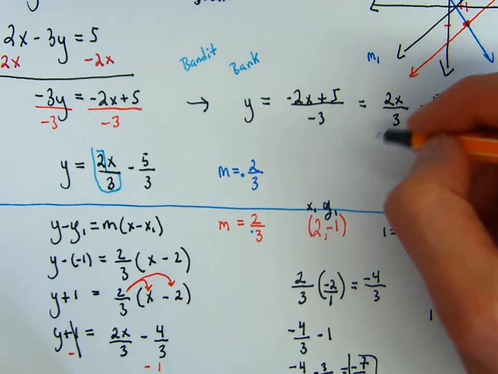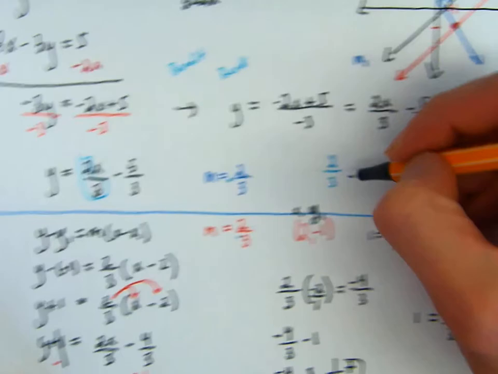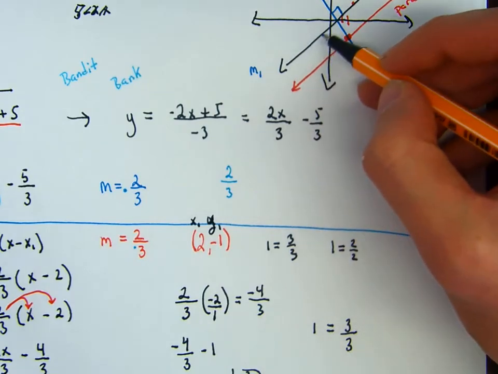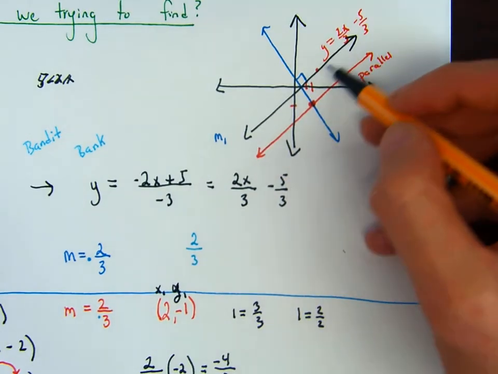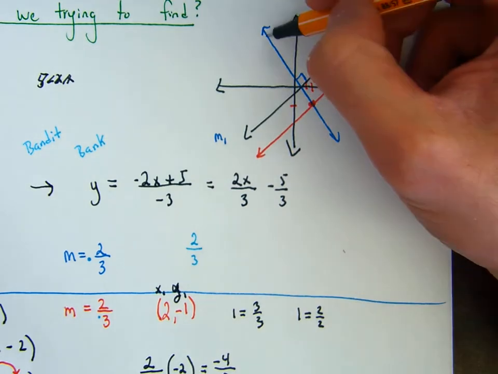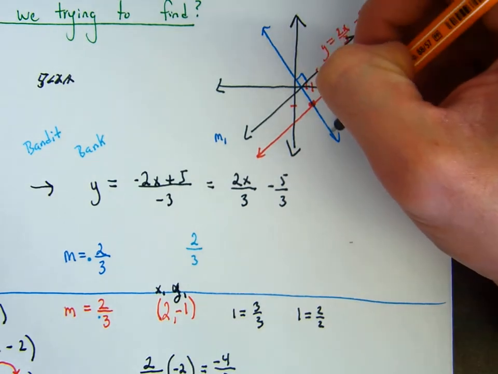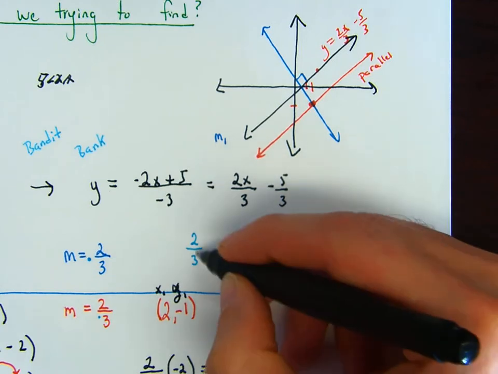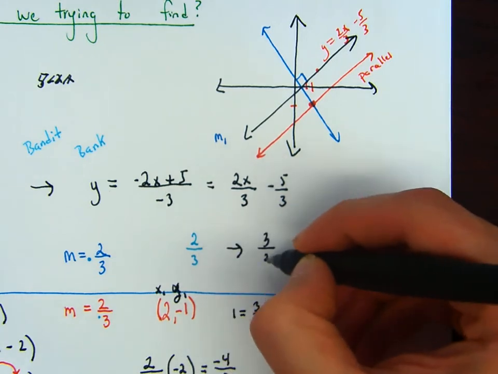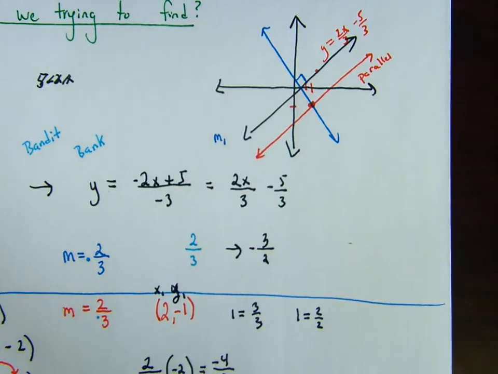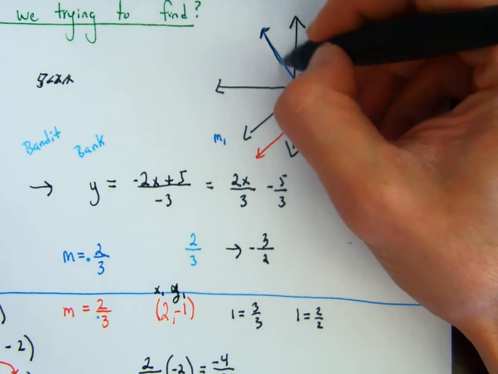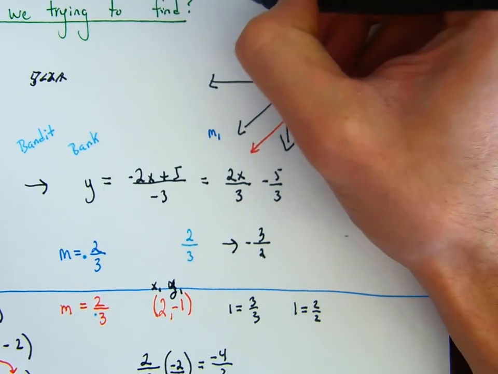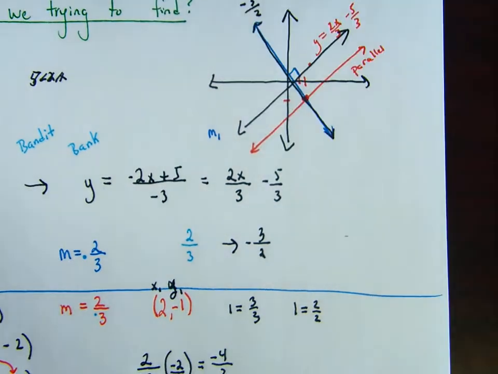If the slope of this line over here is 2 over 3, what has to be the slope of this line here? What you're doing is taking the reciprocal and making it negative. The slope of this line over here is negative 3 over 2.